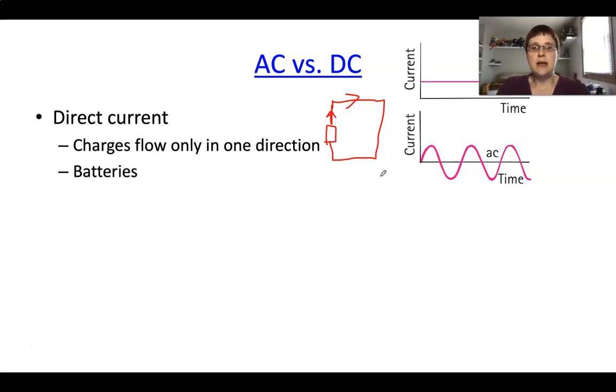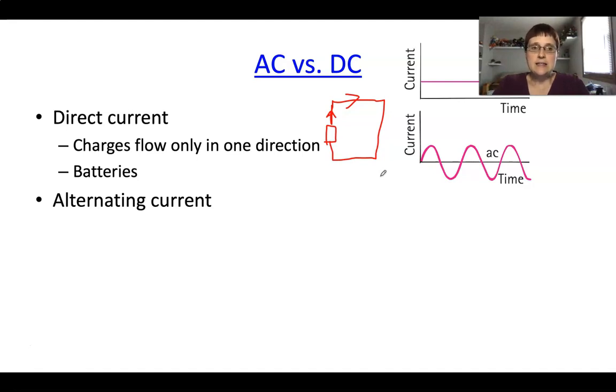So for example, batteries in flashlights, but also things like batteries in your laptop. So when you're using your laptop, your battery in your laptop is supplying your laptop with DC current. The plugs that you've got for it are actually taking AC current and converting it into DC current to charge your battery with.